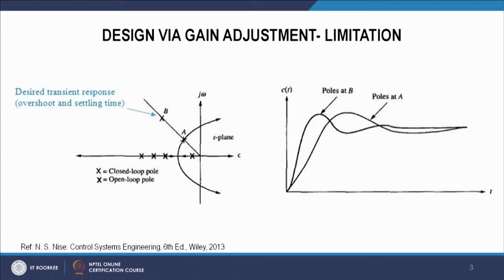However, what happens if we want to design the system for a point that is not on the root locus?